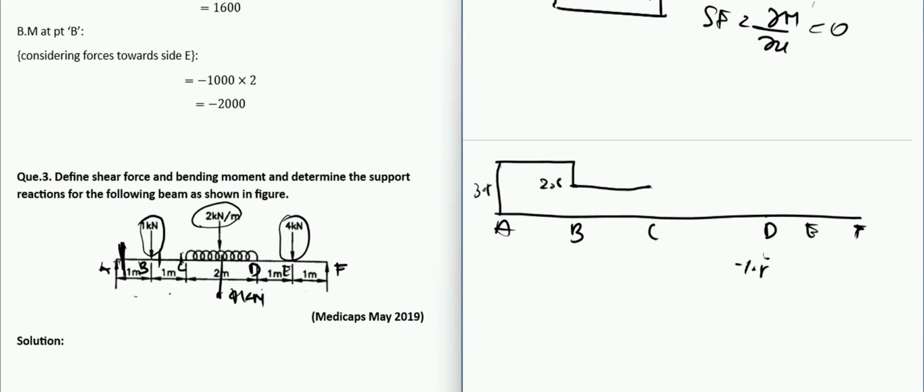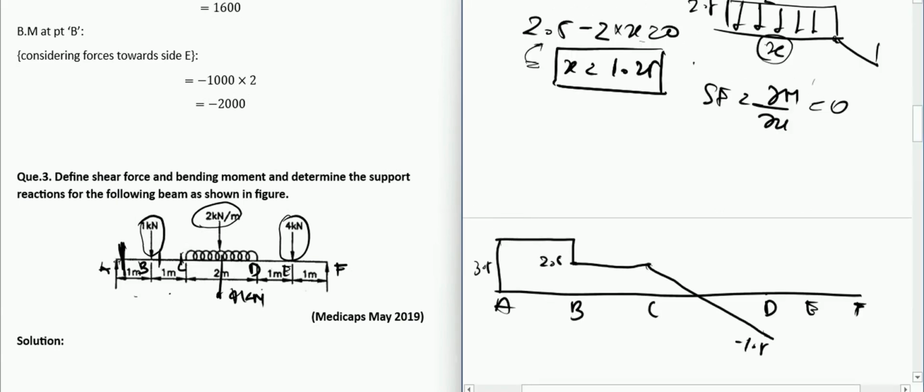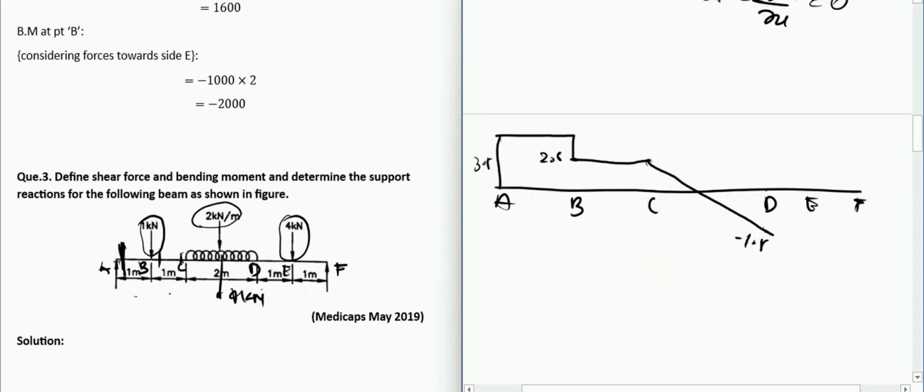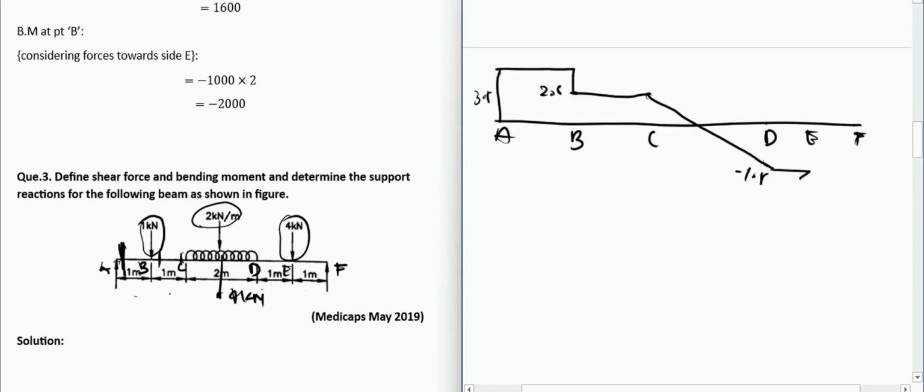So it will vary linearly. Before it is minus 1.5 only, and after it is minus 5.5. Until F it is the same, and at F it will become 0 because of that upward force. So this becomes our shear force diagram.